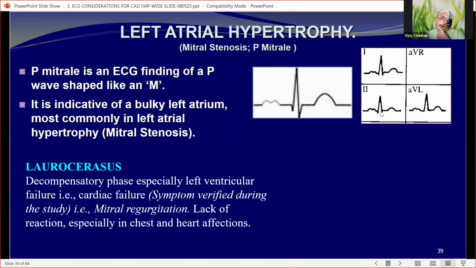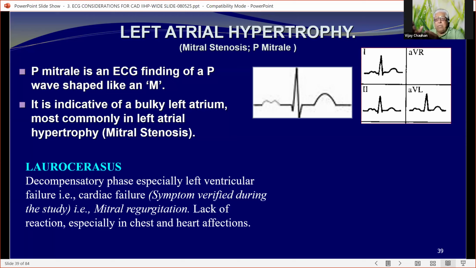So where we can see? We will see in lead 1, lead 2, lead 2 is key lead. Lead 2 is very important for us, which we consider key lead, and we can also see in AVL. So these three areas, even you will find in V1 also.